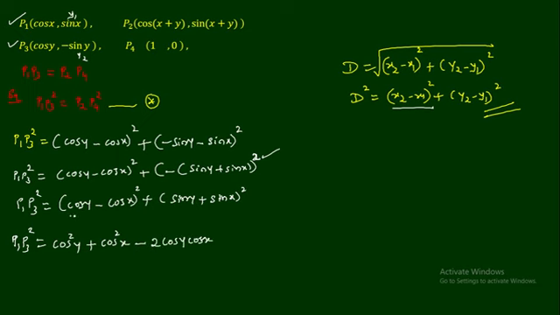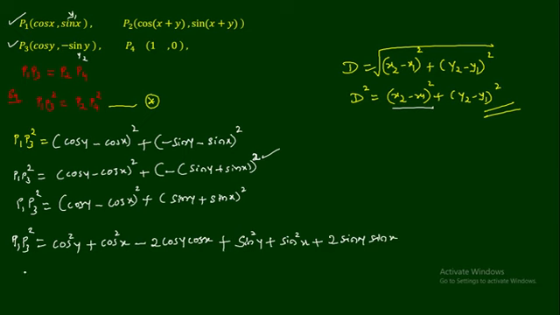This is all about a minus b the whole square. Next, continue with the plus sign. Here which formula should I apply? a plus b the whole square. As you know, a plus b the whole square is a square plus b square plus 2ab. But here, sin square y plus sin square x plus 2ab, it means 2 into sin y sin x. This is all about a plus b whole square for this term.